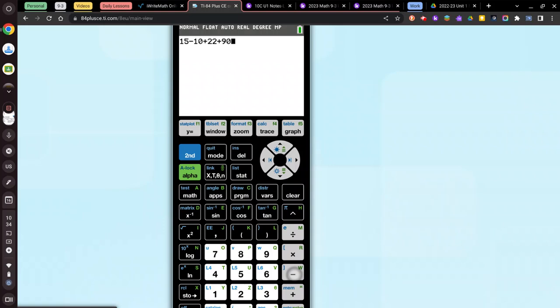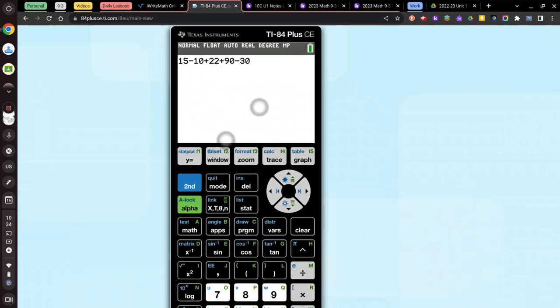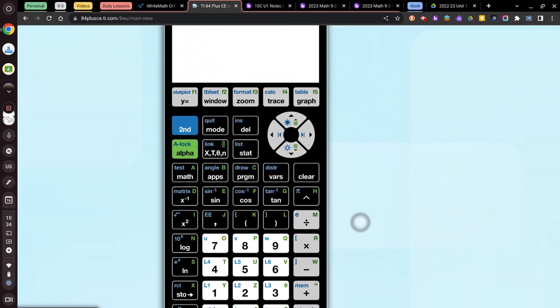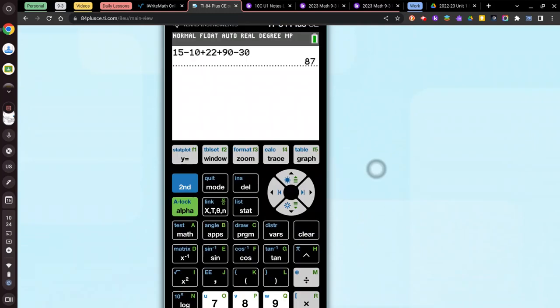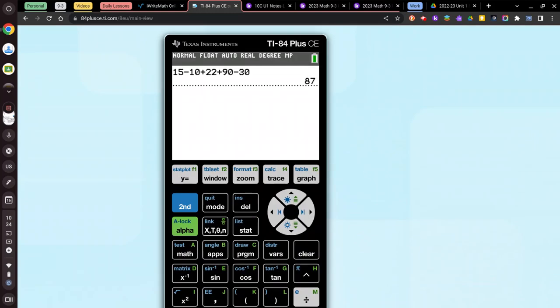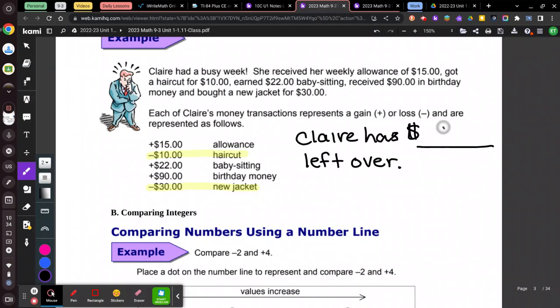Then we have to subtract our jacket of $30. So we would put it left to right in our calculator exactly as you see it. Now we're going to hit enter and solve it. So that's $87. That's how much she would have left over in her bank account. All righty, so Claire has $87 left over.